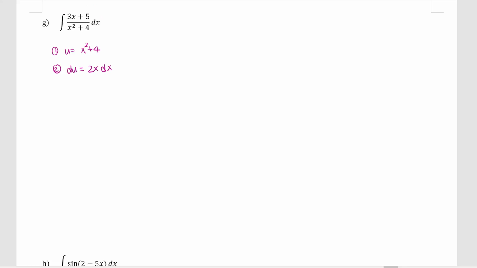You see, this is only x dx, so it only involves x dx. So it suggests maybe we can split this guy and this guy. So we can split them, and then we get 3x over x squared plus 4 dx plus 5 over x squared plus 4 dx.